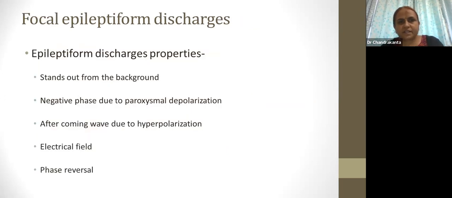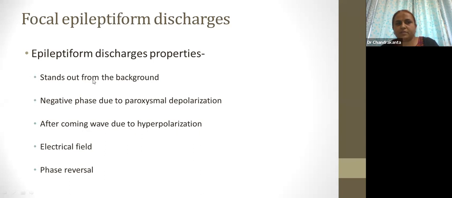So what are the characteristics of epileptiform discharges which will help us know that it is not an artifact or this is not a normal thing? Most of the epileptiform discharges stand out from the background. What it means is that you don't need to try to find out the spike and wave.